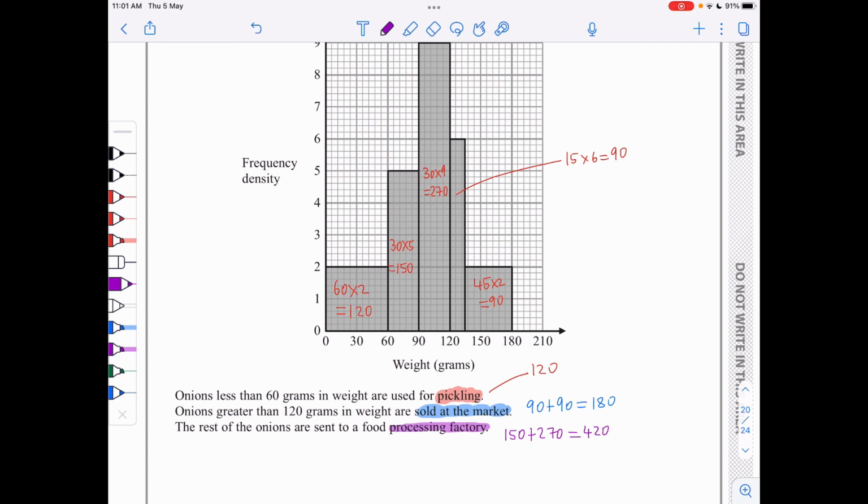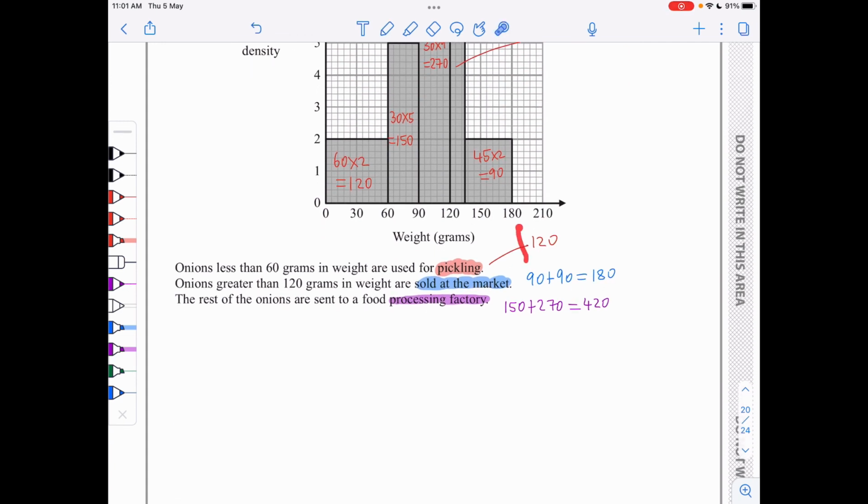So if I add the 120, the 180, and the 420, altogether will give me the total. So there we go. Total is 120 plus 180 plus 420, which gives me an answer of 720. Out of these 720 onions, 420 of them are gonna be sent to the food processing factory.